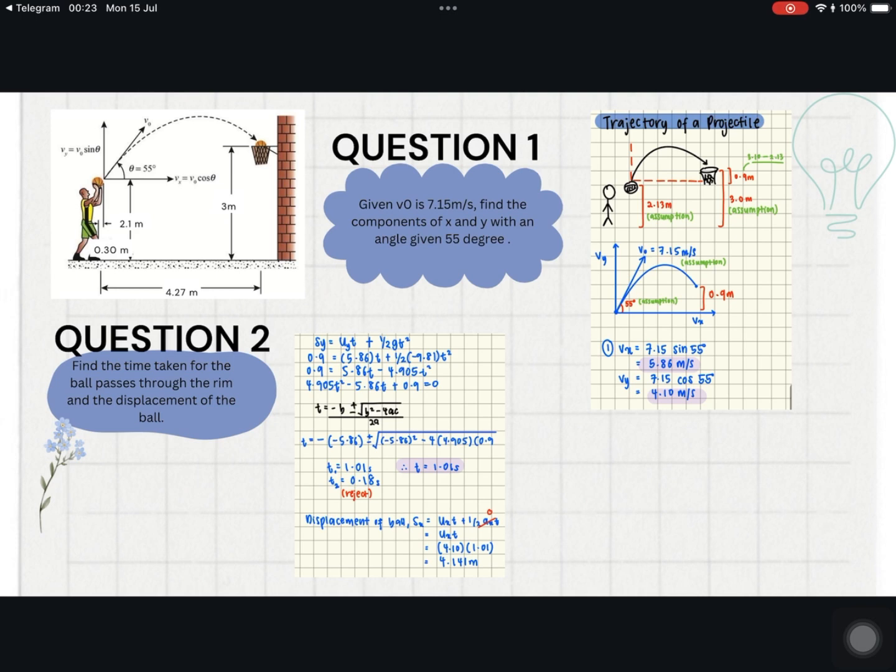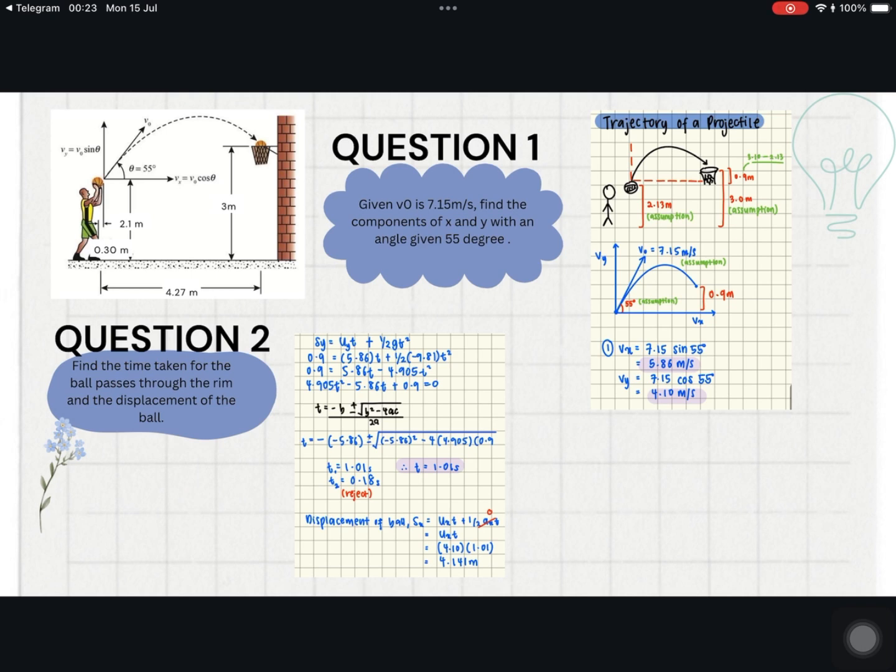To find the x component, we multiply sin 55 with the initial velocity, and to find the y component, we multiply cos 55 by 7.15 meter per second. For the x component, the answer is 5.86 meter per second, and for the y component it is 4.1 meter per second.